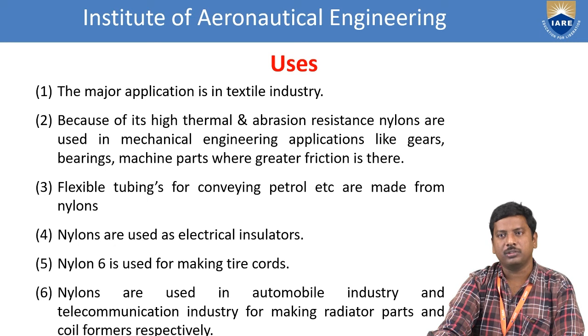Flexible tubings for conveying petrol, etc. are made from nylons, meaning petroleum pumps are made with nylons. Nylons are also insulators used in electrical insulating material, used for manufacturing tire cords, and in automobile and telecommunication industries for making radiator parts and coil forms respectively. So this is about the uses of nylon 6,6.